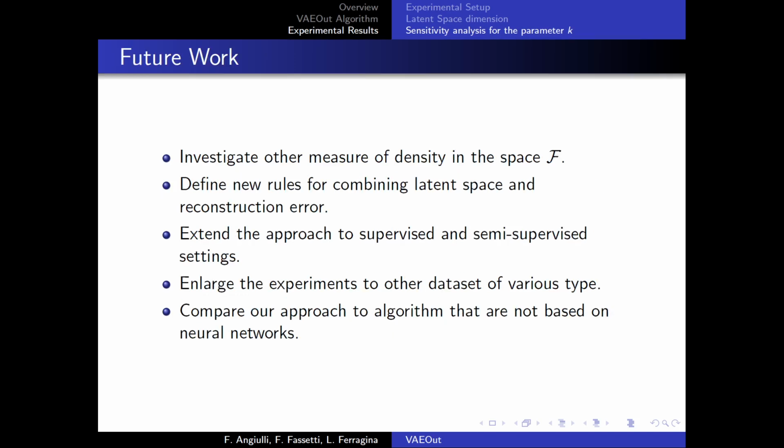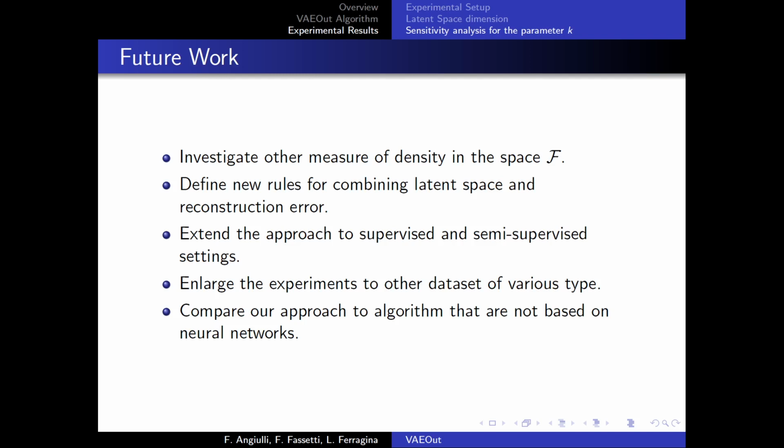We conclude the presentation with a list of the directions in which we want to expand our work in the future. First, we want to investigate other measures of density in F instead of the k nearest neighbor. And more generally, we want to define new rules for combining latent space and reconstruction error for a variational autoencoder.